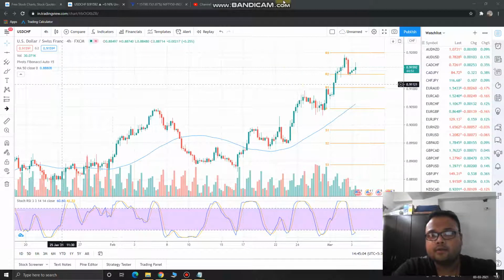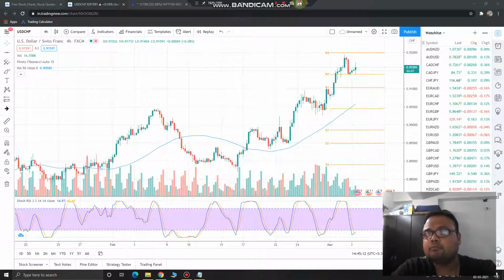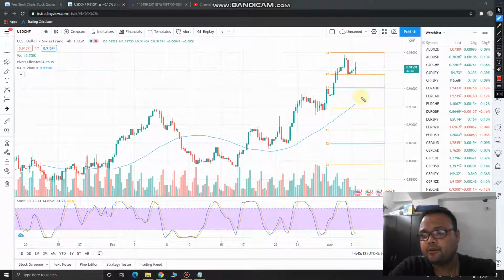Okay. So as per the area of value theory, the area of value is or will be near this 50 moving average, but the price is not coming to the 50 moving average.